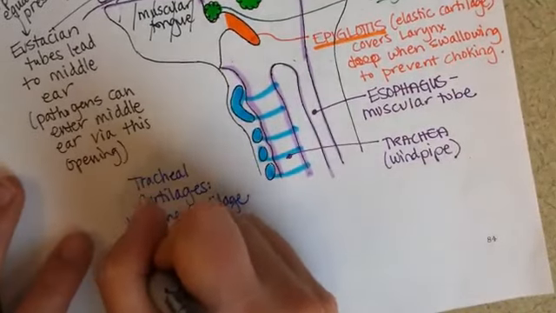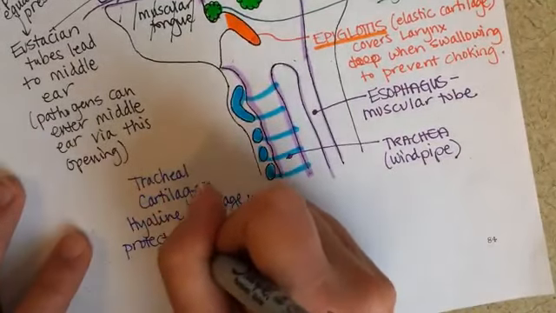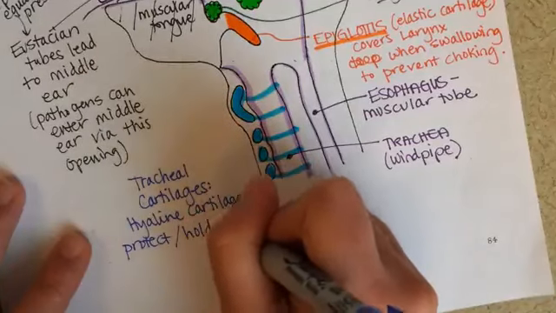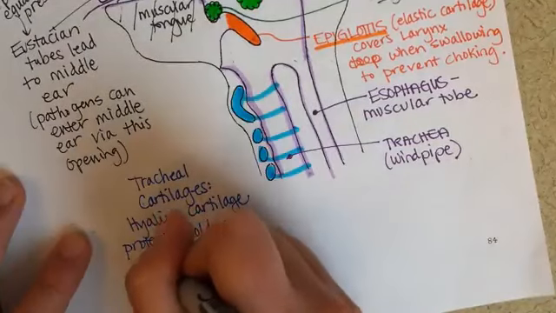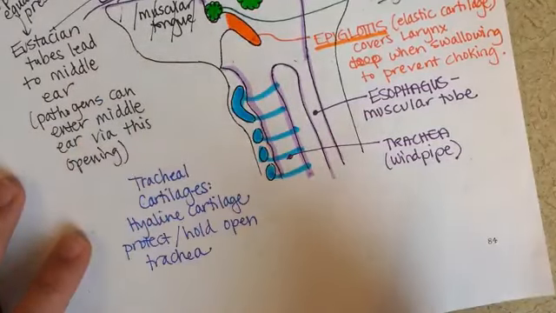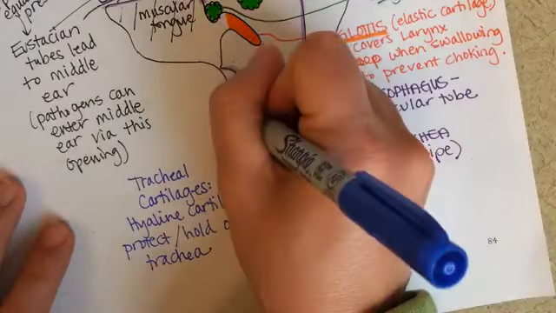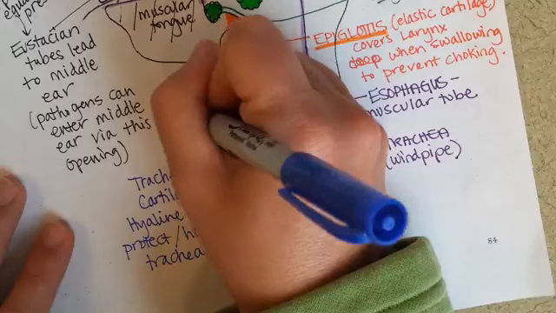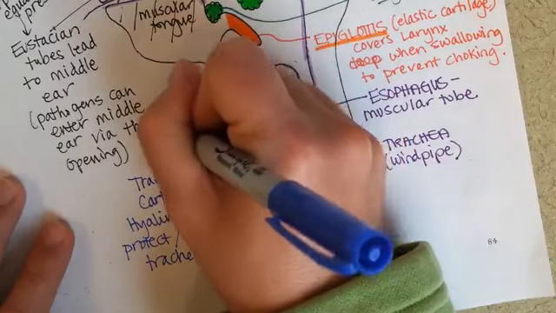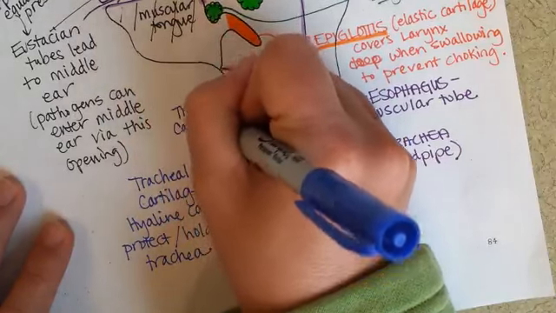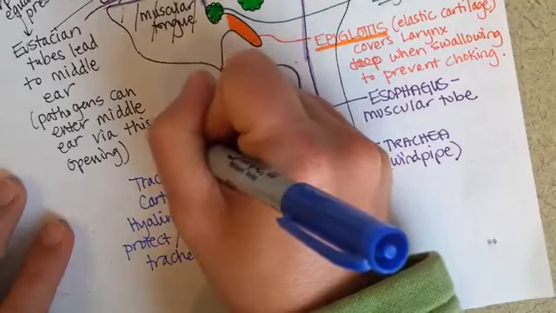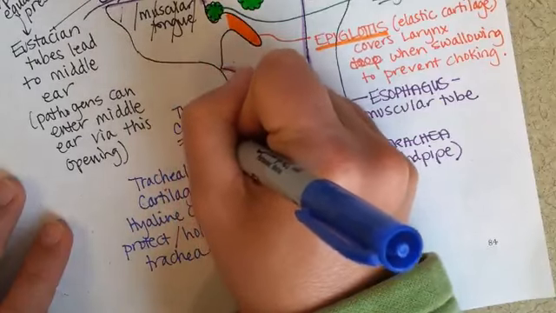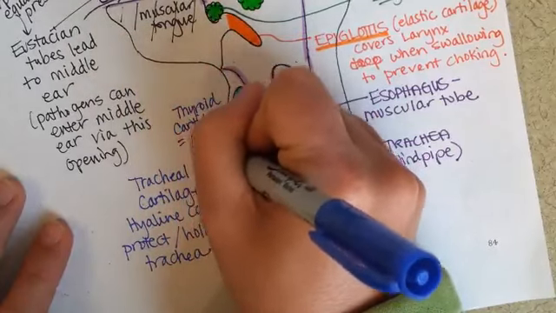They protect the trachea, and they also hold it open. And then this special one right here that forms the Adam's apple is called the thyroid cartilage because it's right near the thyroid gland. And that's what we call the Adam's apple.